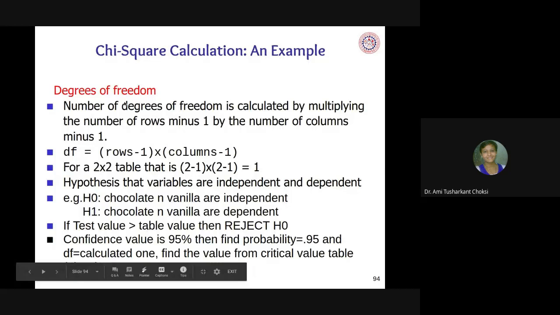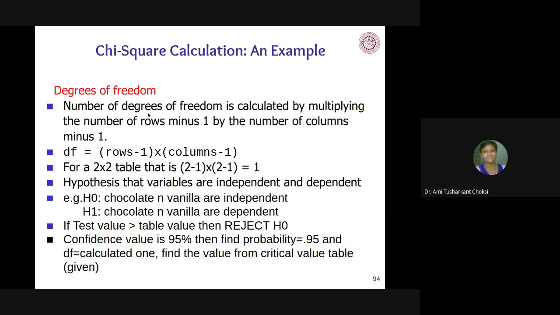So what is the degree of freedom? The number of degrees of freedom is calculated by multiplying the number of rows minus 1 by the number of columns minus 1.